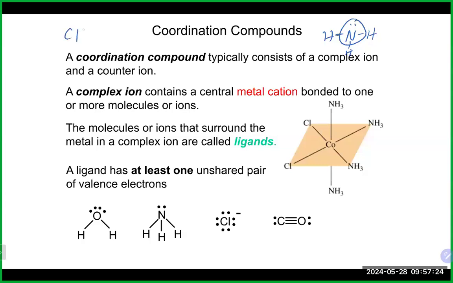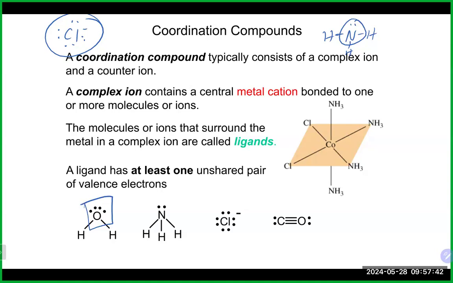Our chloride, which obviously is negatively charged, which means it's got some electrons to give, also able to bind in there. Water is also a very good Lewis base, as it's able to bind in through the non-bonding electrons there on the oxygen.